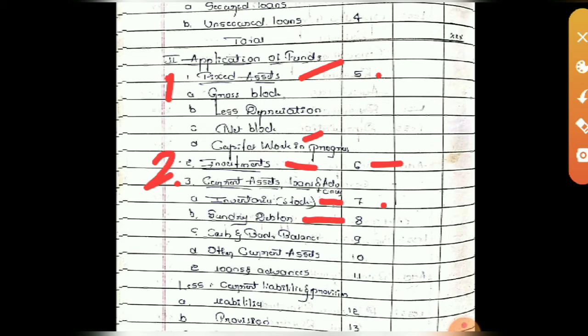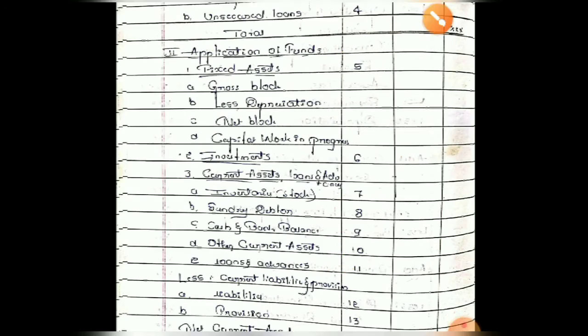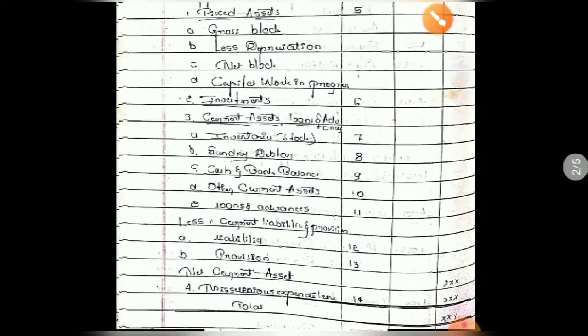Then sundry debtors, that you take as 8. Then cash and bank balances, note number 9. Then other current assets, if any, 10. Loans and advances you take as 11. So 7, 8, 9, 10, 11. These notes will come with these items. Write all those things in a systematic manner. Then the remaining notes you have to study.